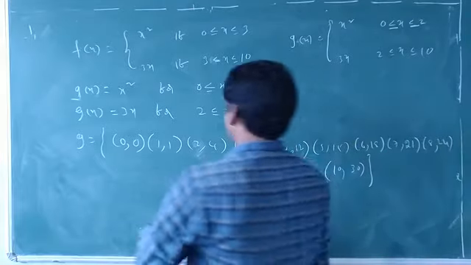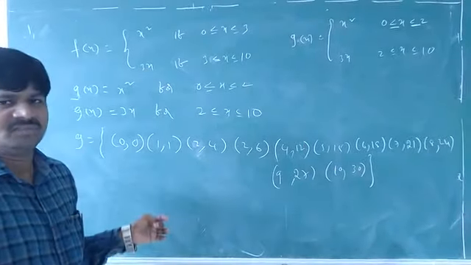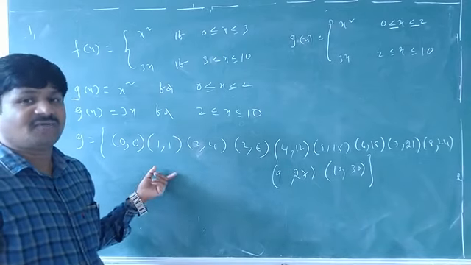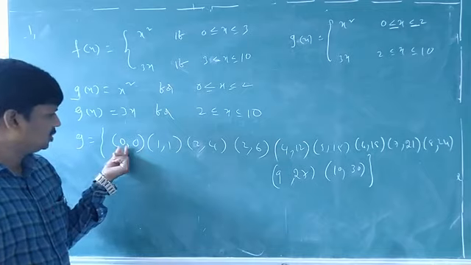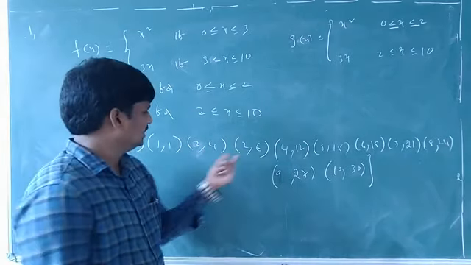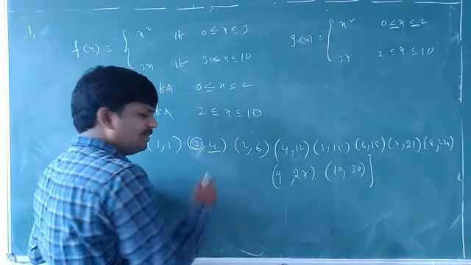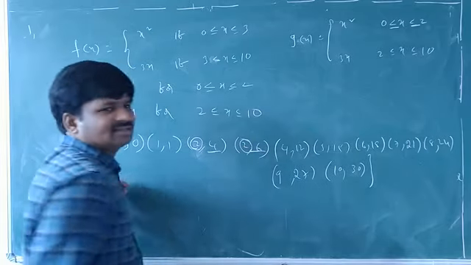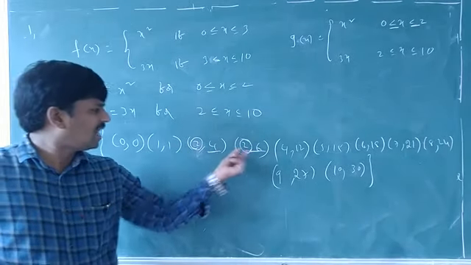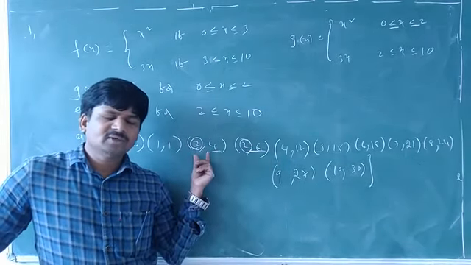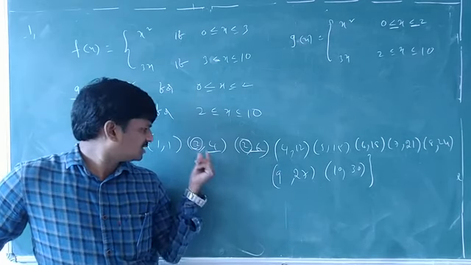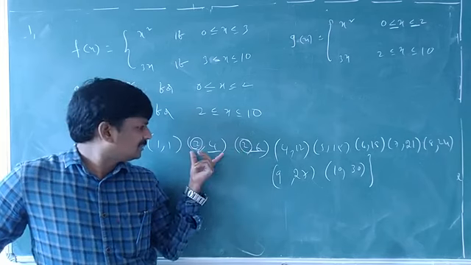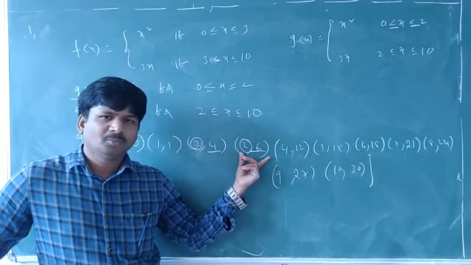Just observe carefully. Is this relation g a function or not? Just check the first elements: 0, 1, 2, 2. You see, 2 having image 4, 2 having image 6. That means the same element 2 has 2 images. So is the first element repeated or not? See, these are not the same.